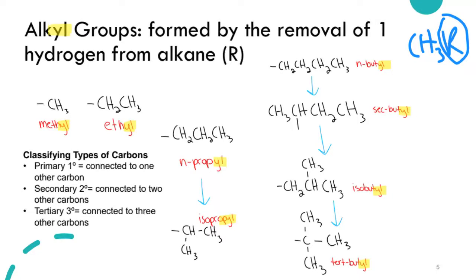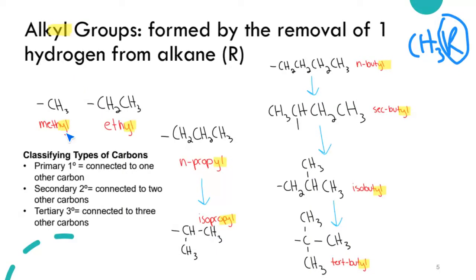So same prefixes as alkanes. When you have one carbon, it's methyl, but you're just going to drop the ANE and add YL to show that it's an incomplete group. So you have methyl and ethyl. Okay, and this carbon only has 3 bonds, so it's unstable, it's incomplete, needs to be connected to something else.